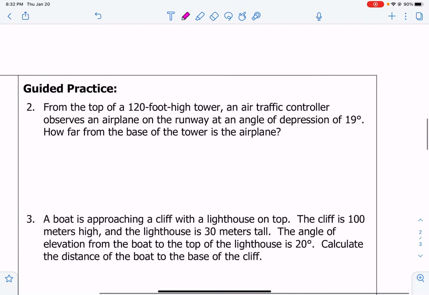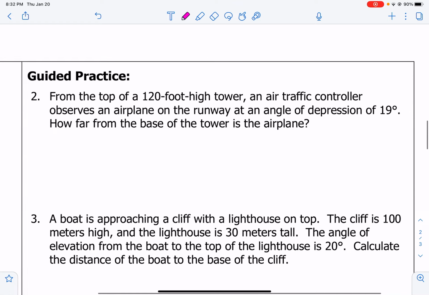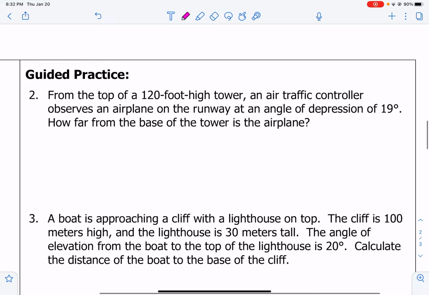Let's look at number 2. From the top of a 120-foot high tower, an air traffic controller observes an airplane on the runway at an angle of depression of 19 degrees. So I have a 120-foot tower. I have an angle of depression, and I want to know how far from the base. So here's my tower.